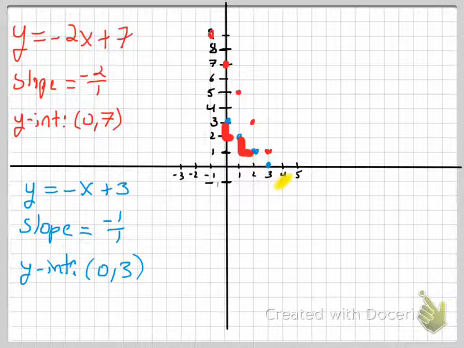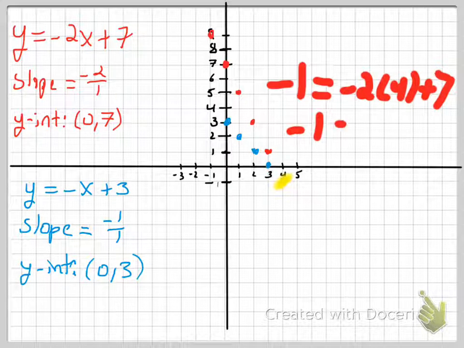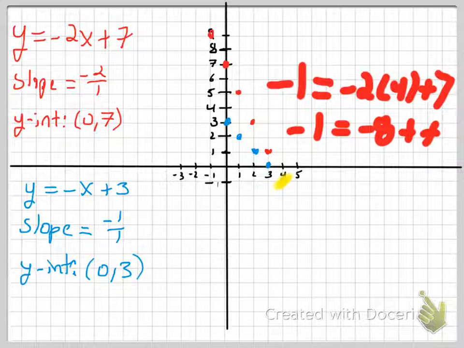I can check it real quickly in both of them to make sure that's true. In the first equation, this point here is 4, negative 1. So the y would be negative 1. Is negative 1 equal to negative 2 times 4 plus 7? Well, negative 1 is equal to negative 8 plus 7, so that says that negative 1 equals negative 1.